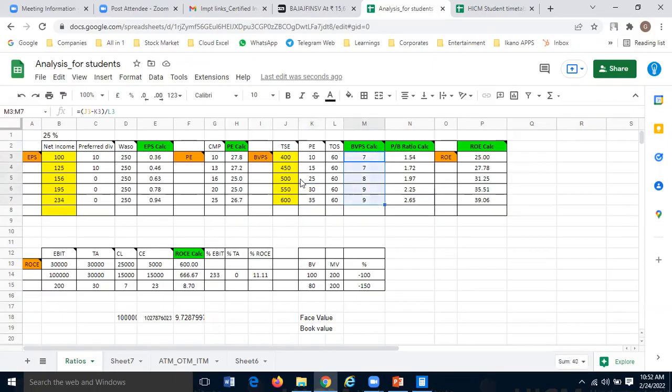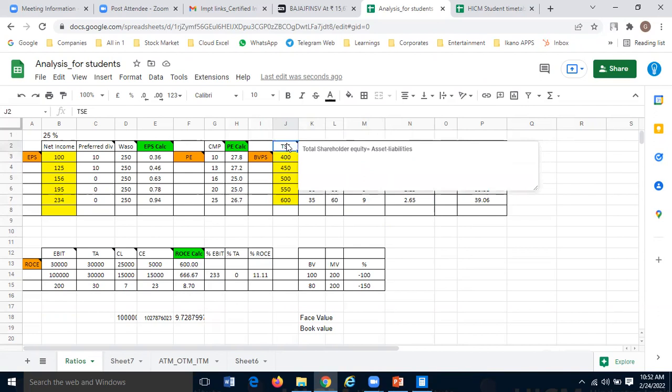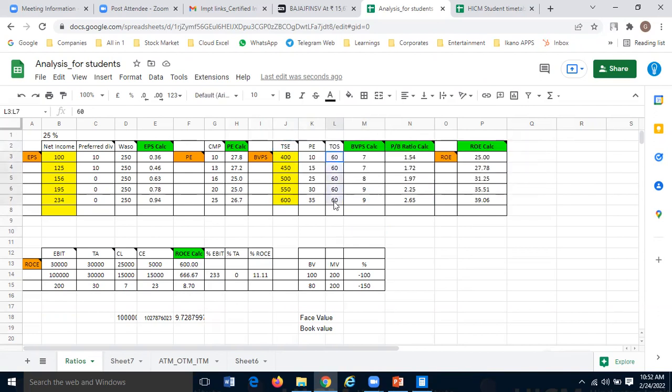Why will it decrease? See, this is the total shares. You take the total shareholders equity, and they have to divide it by the total number of shares. Giving you this example, if you have 10 rupees and you want to divide it among 10 people, then each person will get 1 rupee at least.